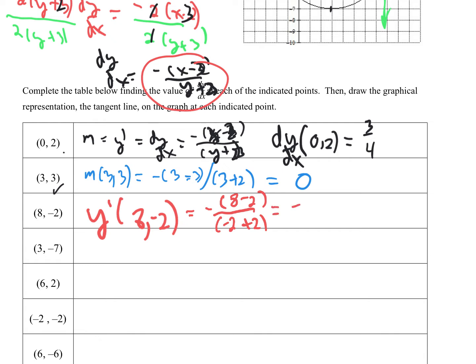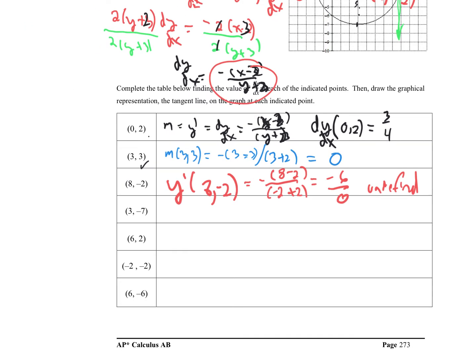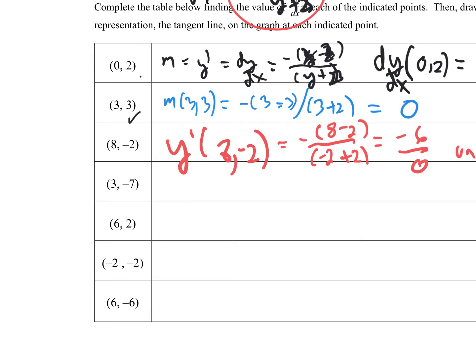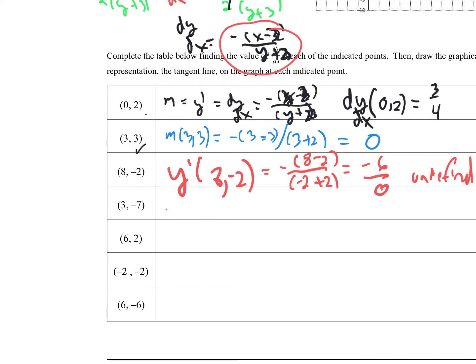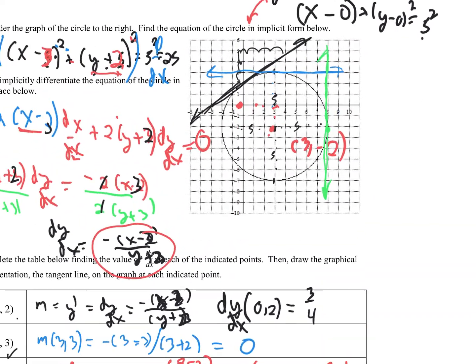That is negative 5 over 0, undefined. I love how a plan works. One more, then I'm moving on. 3, negative 7. So I'll be looking for y prime at 3, negative 7. Let me find 3, negative 7.